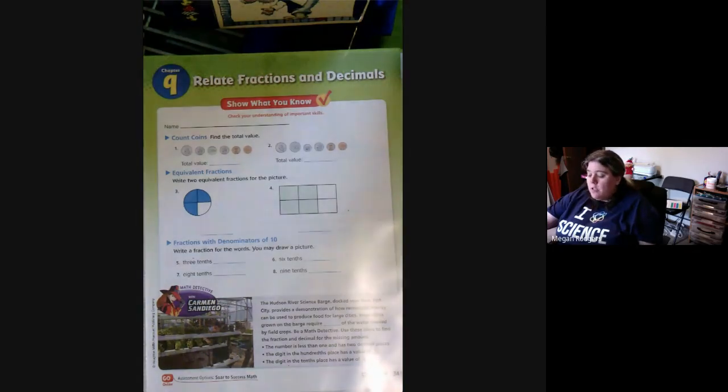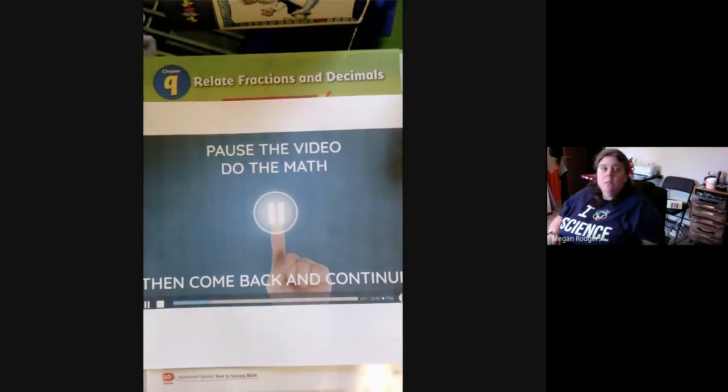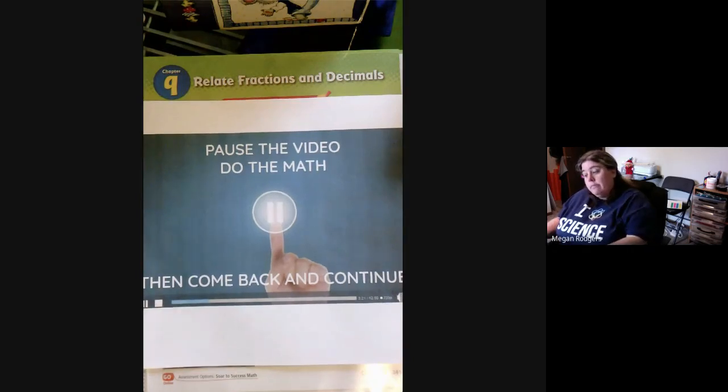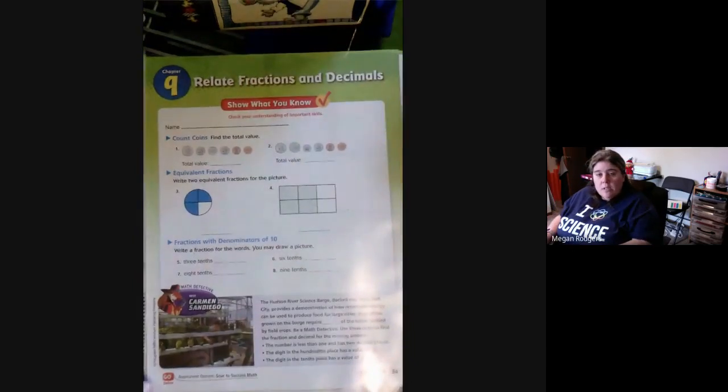So right now, for just on the front, go ahead, pause the video that I know you just started, and go ahead and try some of these problems. And then once you have them done, you can come back and see if you got them right and make sure you have what you need to be successful in this chapter. All right, so I will leave this up here just for a moment in case you need to use this one.